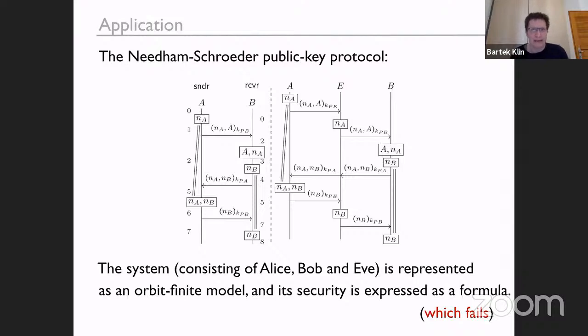It falls to a man-in-the-middle attack, and in fact this formula fails for the model. And also, there is an improved version of the protocol that can also be defined as a model, and there the formula holds, as you expected. This is an example of the kind of practical applications that can be worked out with this μ-calculus, where we are allowed an infinite source of nonces that can be compared for equality.